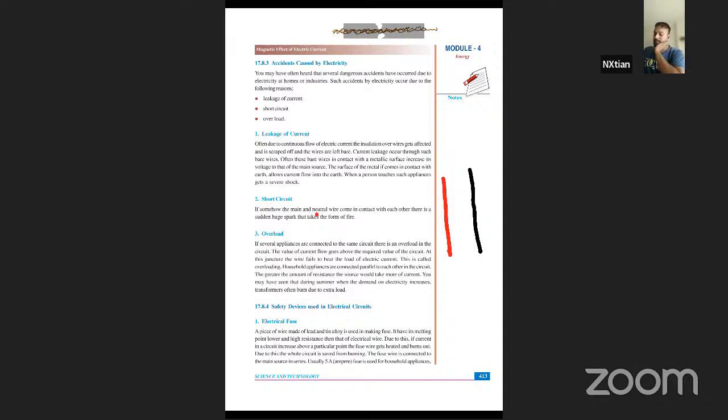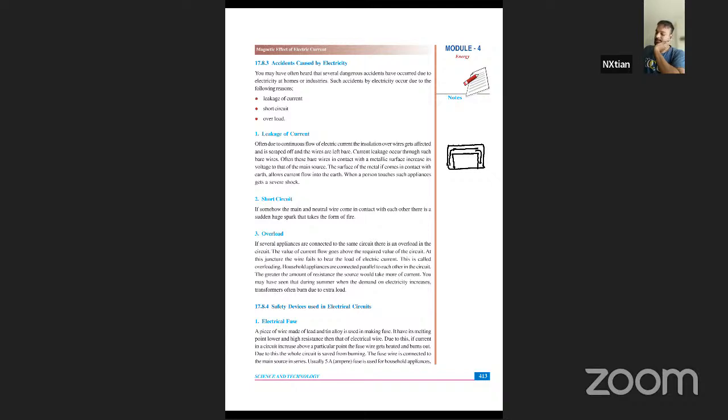What do you mean by short circuit? Basically, in an appliance, I'll make a diagram. Just give me a second. For example, this is a bread toaster. Don't laugh at my diagram.